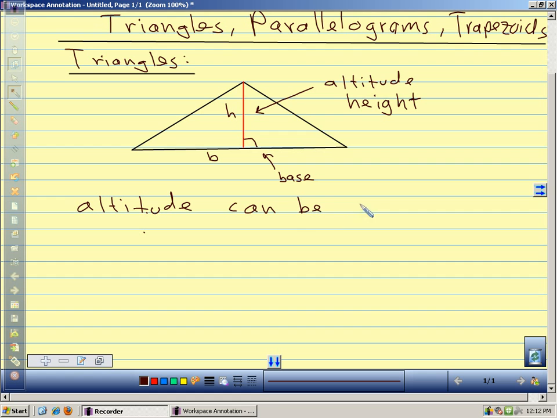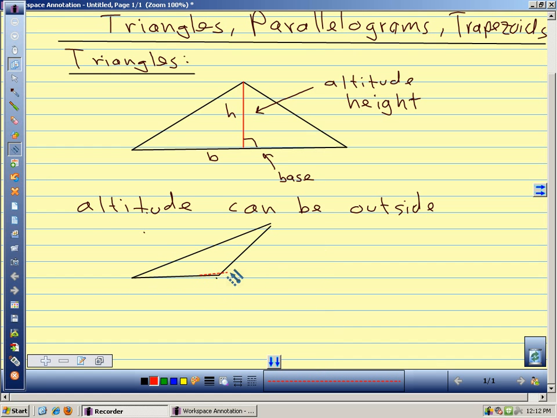So the altitude can be outside. So let me draw a triangle where that altitude is outside. For this triangle, I'm going to extend this bottom side here, like so.